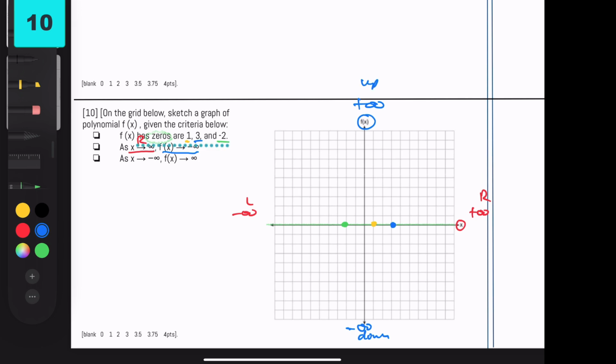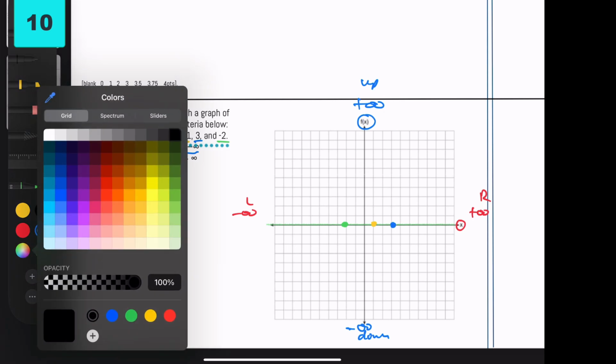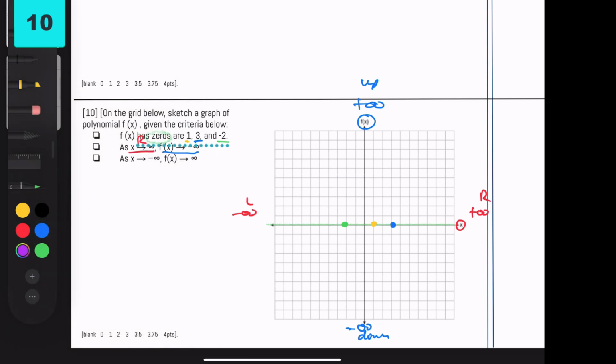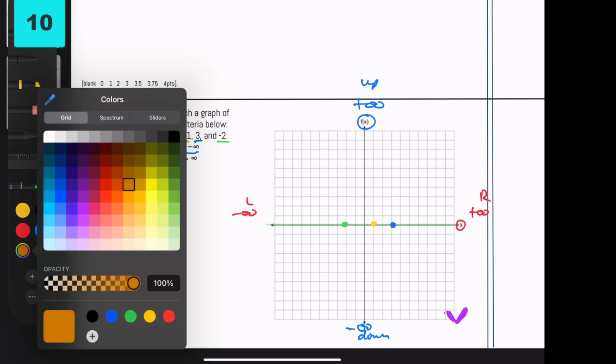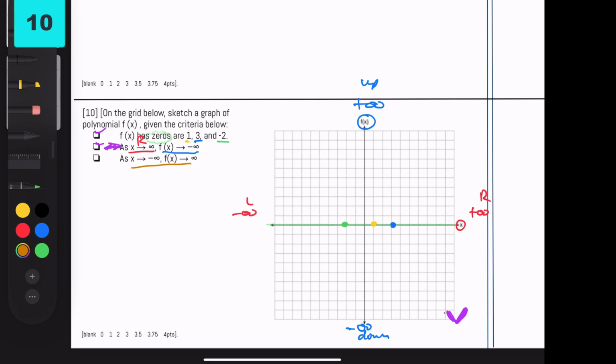So let's go ahead and draw that. Let's note that with purple. So my purple one, this one, will be going to the right down. And then to the left will go, this one's up.